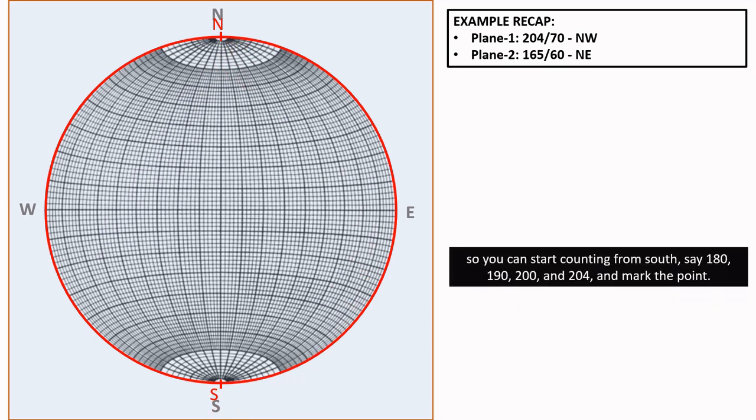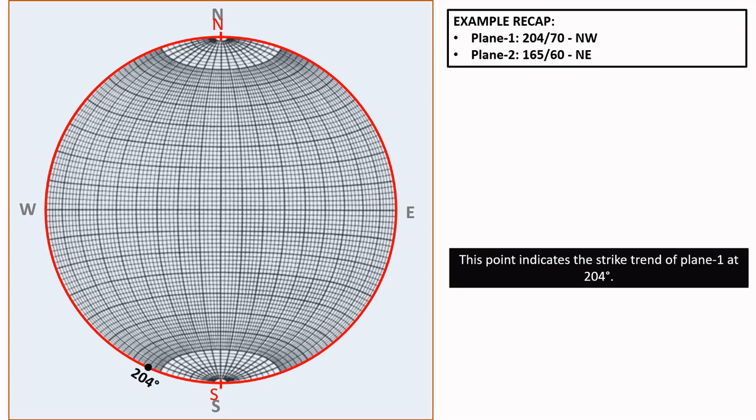So you can start counting from south, say 190, 200 and 204 and mark the point. This point indicates the strike trend of plane 1 at 204 degree.